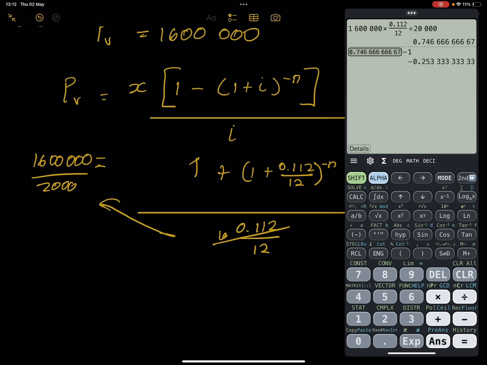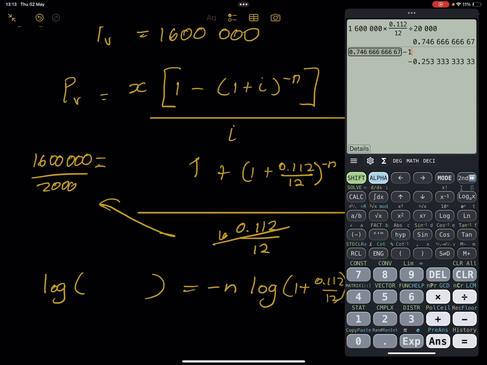And in this case, I'm going to start introducing my logs. So the log of that value is equal to minus n, the log of 1 plus 0.112 over 12.